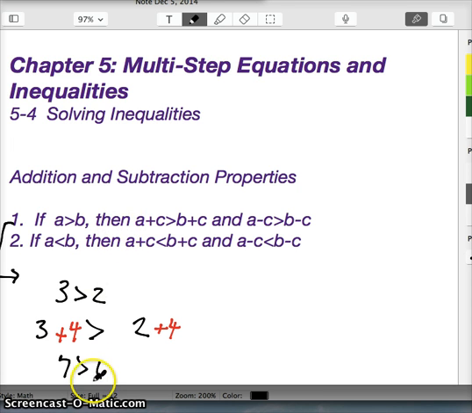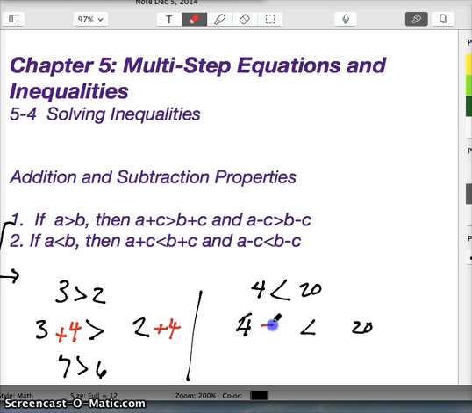So addition is preserved. Doesn't matter what type of number you're dealing with, as long as you start off with an inequality, if you do the same thing to both sides in terms of addition and subtraction, you are going to maintain that inequality. And the same thing is true if I turned the situation around and had, let's say, 4 is less than 20. If I add the same value to both sides of this inequality or subtract, let's do subtraction now.